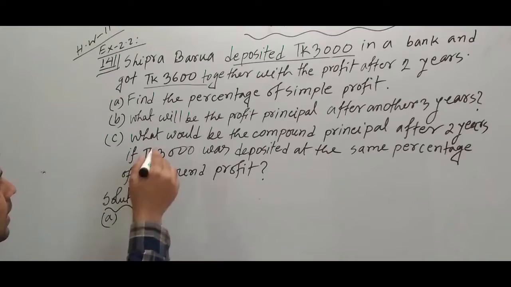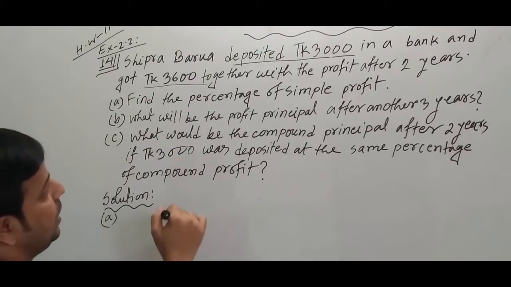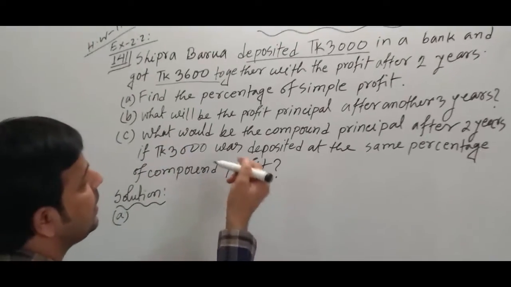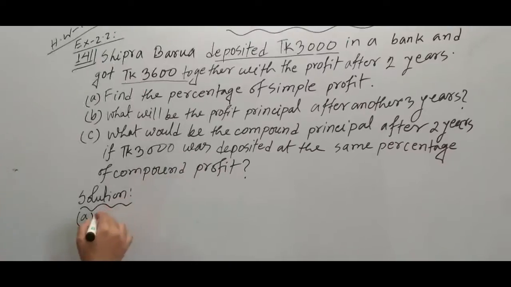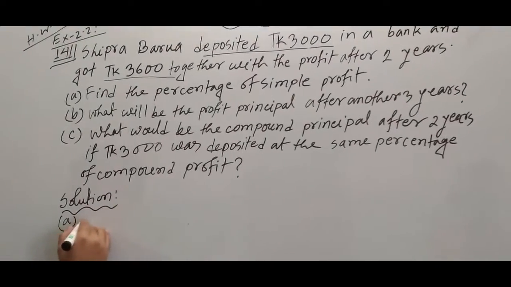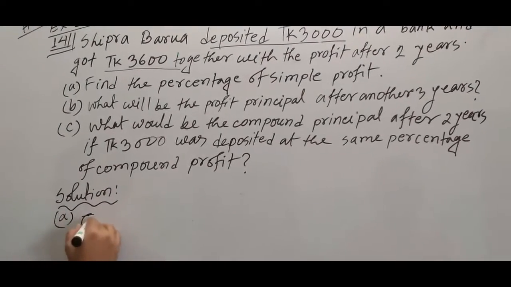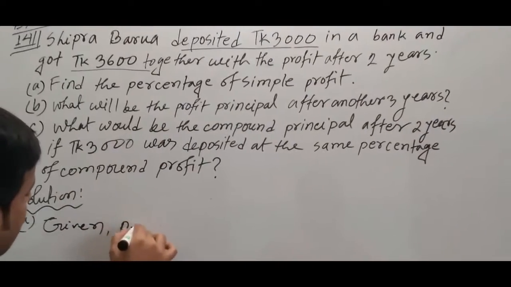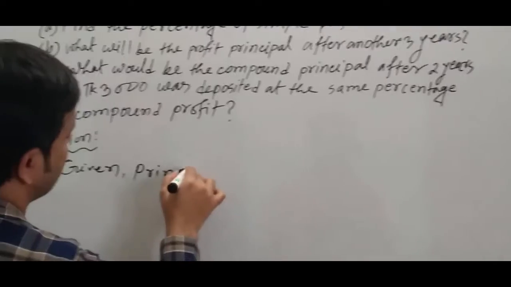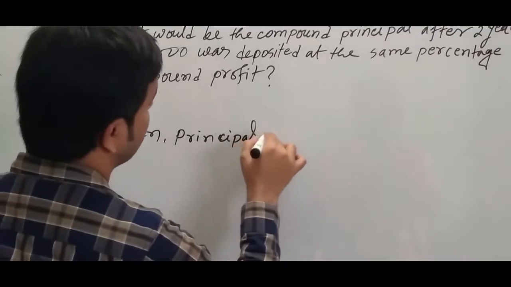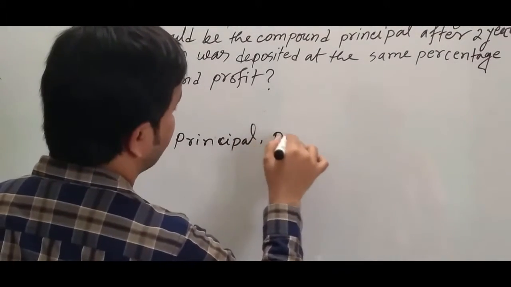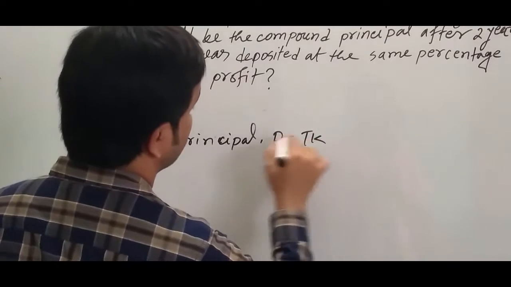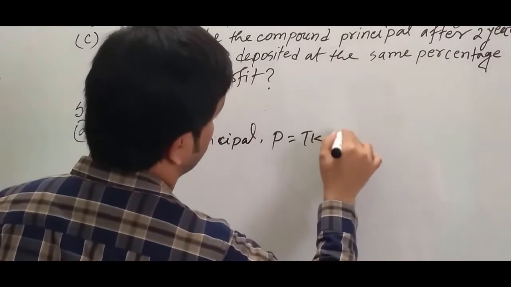Before writing the formula, at first we have to write the given information. Given: principal P equal to taka 3000.